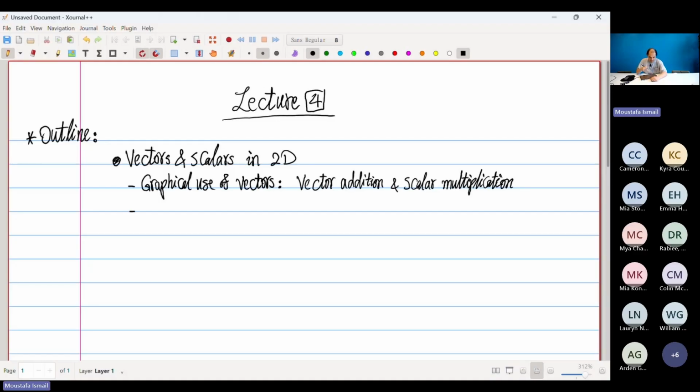Then we will discuss again coordinate systems, but now we're going to discuss them in 2 dimensions: coordinate systems and vector components. Okay, that will all be graphical. Then we will do algebraic vector addition.